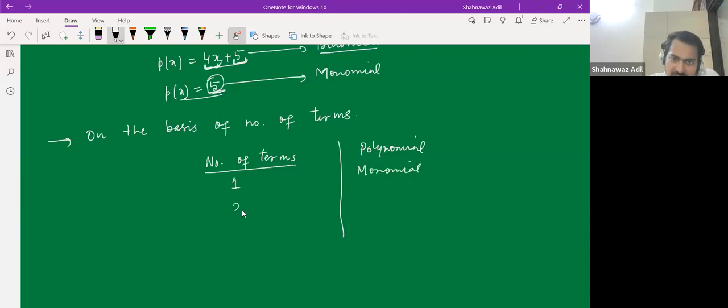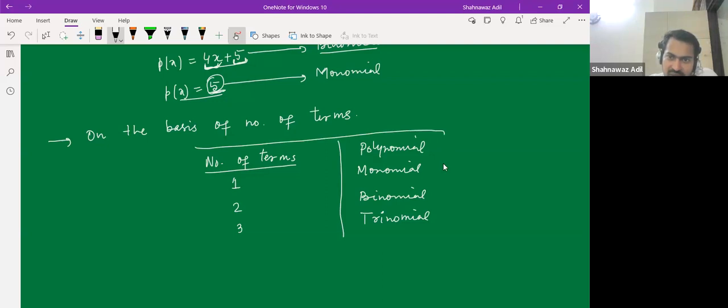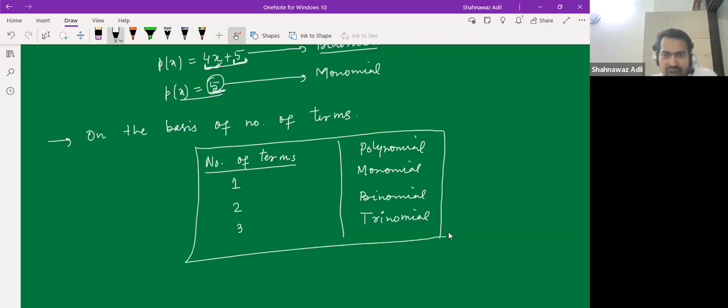If the number of terms is 2, this is called a binomial. If it is 3, this is called a trinomial. And if it is 4, that is a tetranomial, and so on. So on the basis of the number of terms, we define the polynomials.